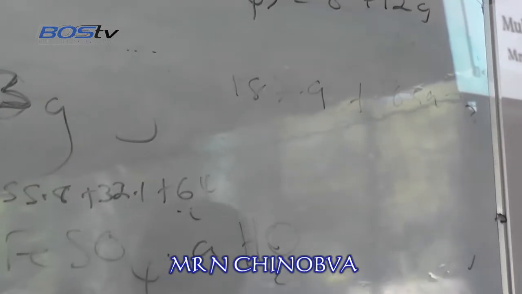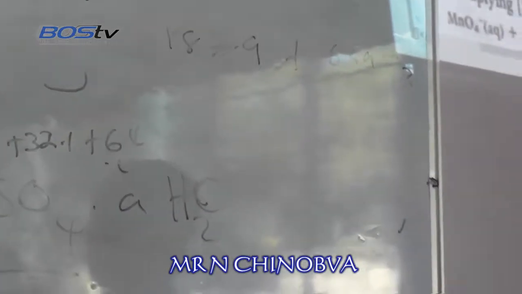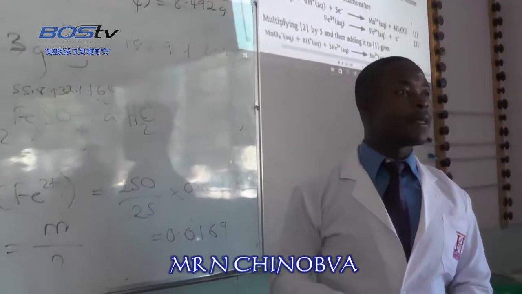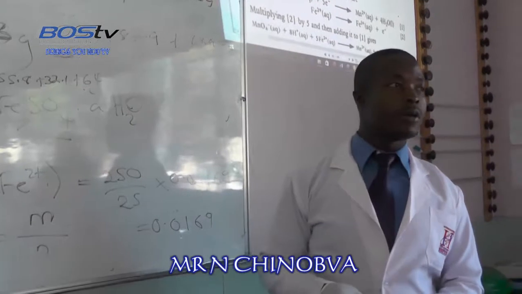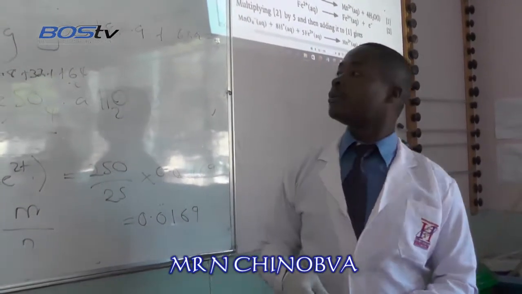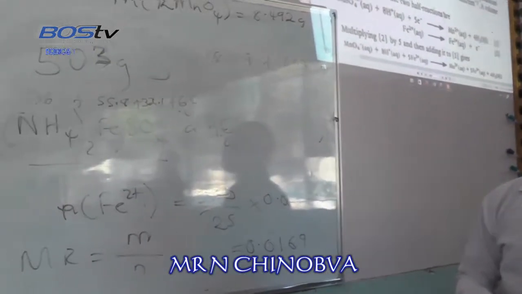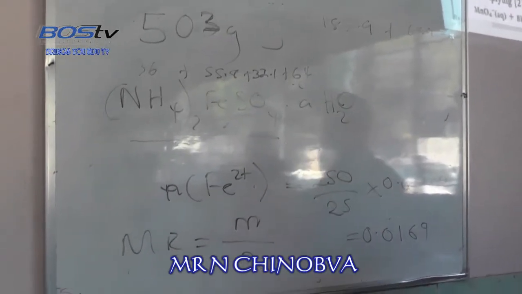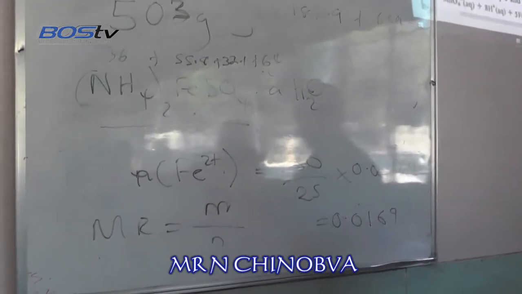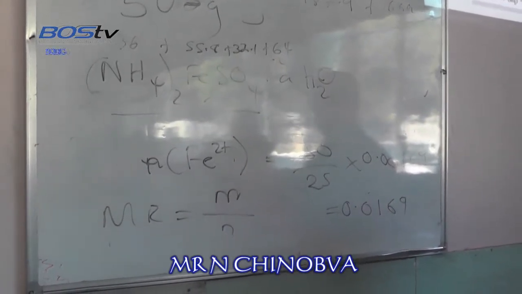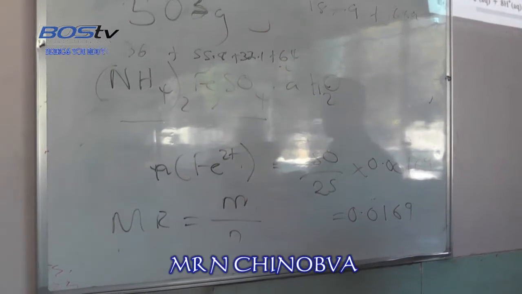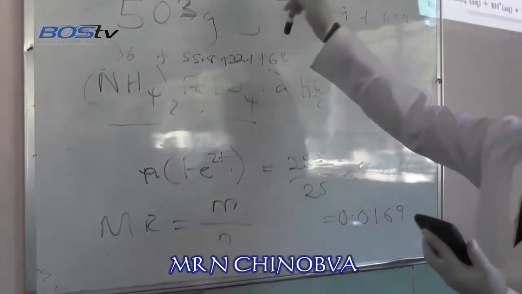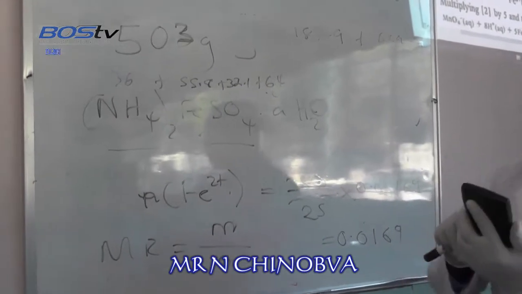Then what would be the value of A from the equation? 187.9 plus 18A equals 503. Let me use the calculator. 36 plus 55.8 plus 32.1 plus 64 plus 18A is equal to 503. Then 503 minus 187.9 is 315.